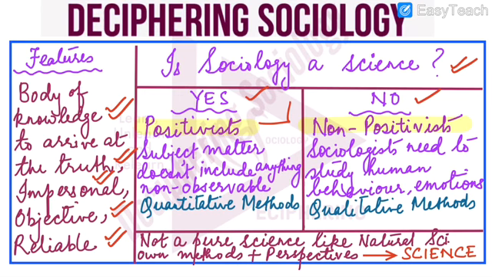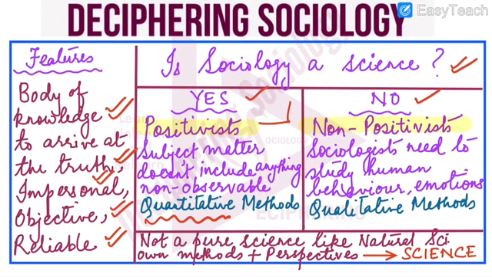Only what I can observe, what I can see, is what I am going to study in sociology. This does not include feelings. And they stress on quantitative methods. Why? Because these are the methods which are used by natural sciences. So, according to positivists, yes, sociology is a pure science.